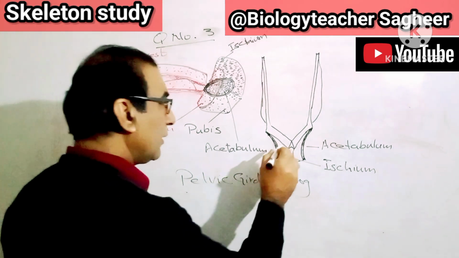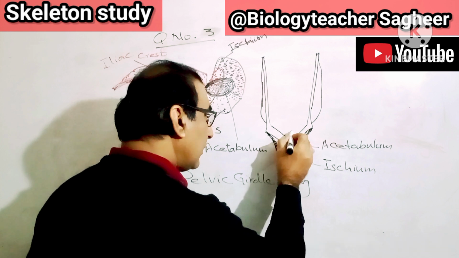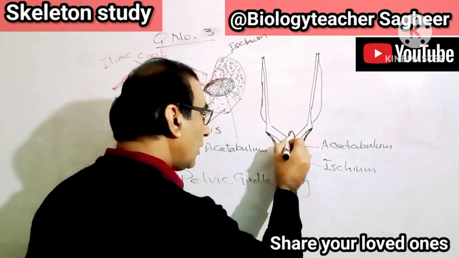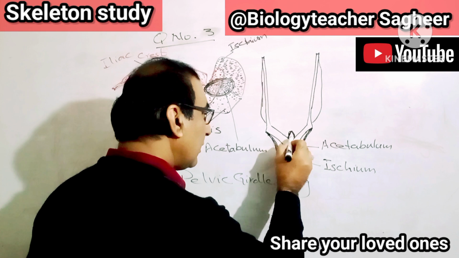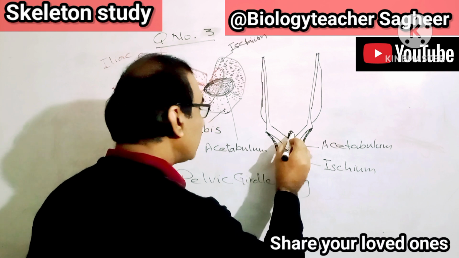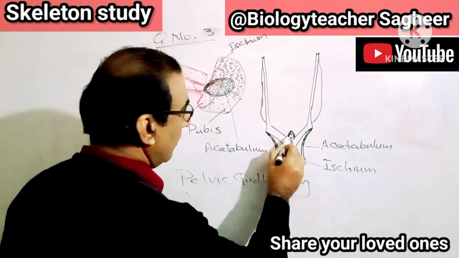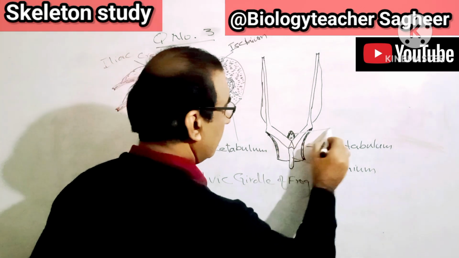And here on this side, there is a small piece which you can see. Piece of what? This is the pubis.